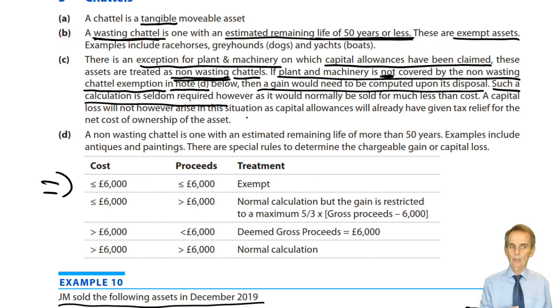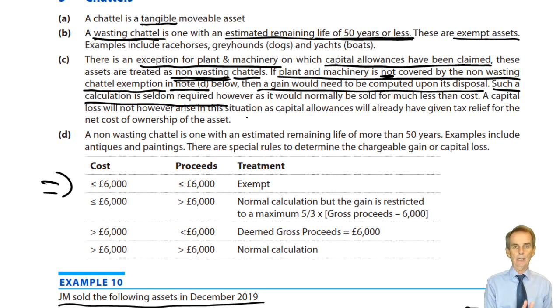And that 60,000 net cost will have been compensated for within the capital allowances system. And capital allowances have reduced your trading income assessment for either income or, as we'll see later, corporate tax purposes. So you've already had tax relief of 60,000 based on putting 100,000 into the capital allowance computation and taking 40,000 out. It's left 60,000 within the capital allowance computation for capital allowances to have been claimed on.